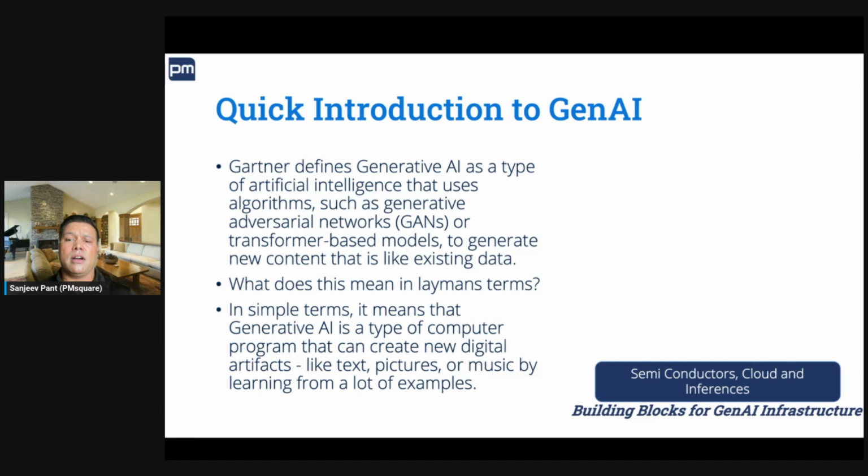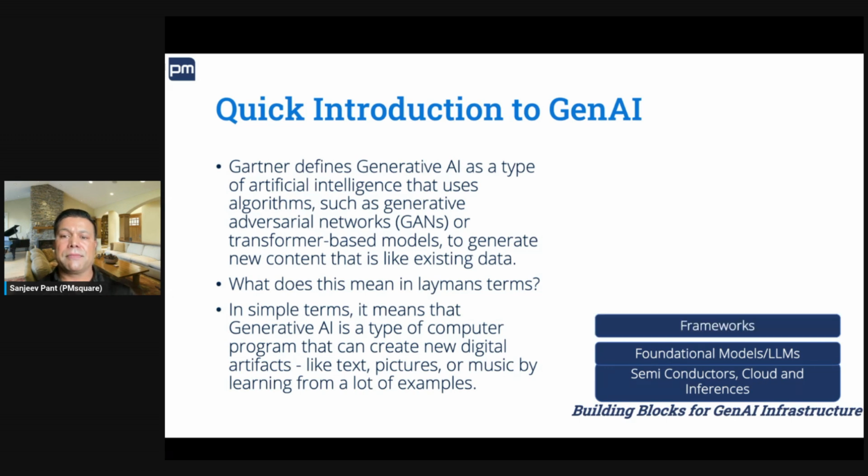So let's start with semiconductors, cloud, and inference. I'll touch on cloud as a service. AWS, Azure, and GCP all have really good footing in generative AI as the cloud provider of choice, based on the customer's ask. On top of that, you have the foundational models, or what they call large language models, which is essentially a model trained on very large data sets.